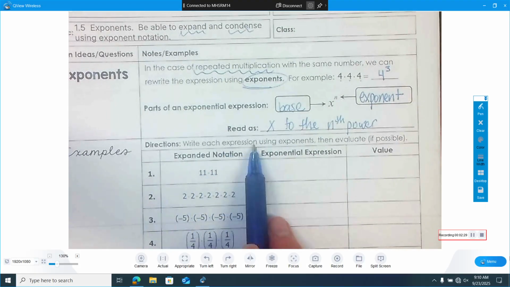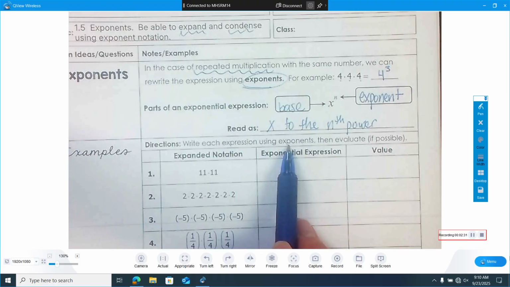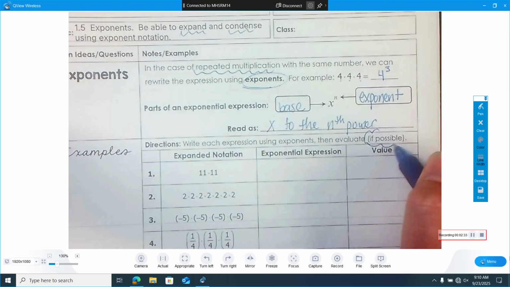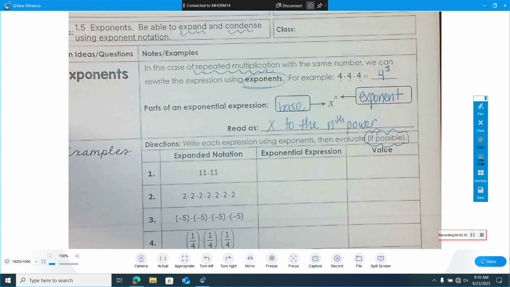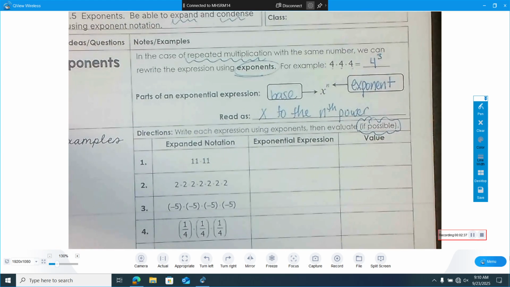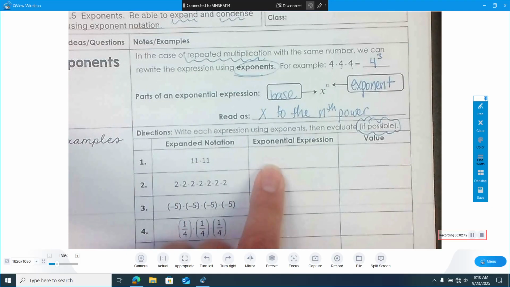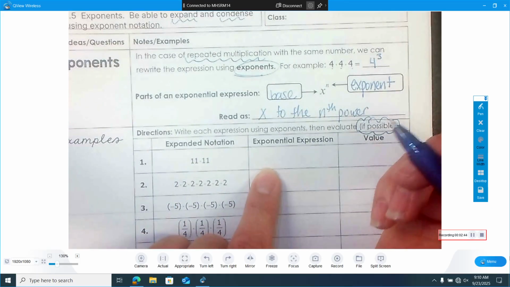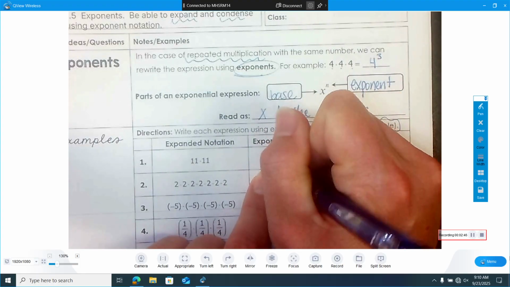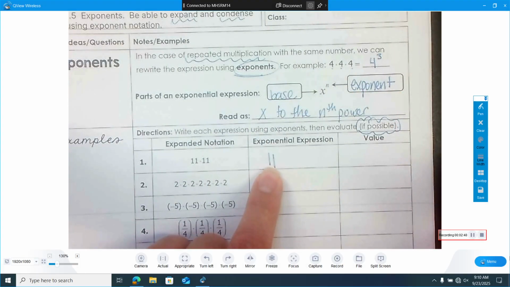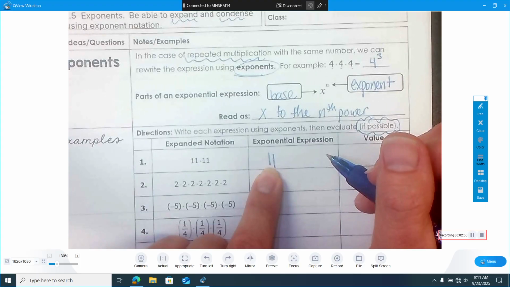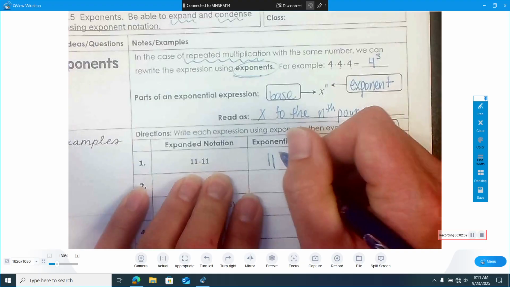So we are going to write each expression using exponents and evaluate, if possible, is the key. Some of them we cannot evaluate. Here it is written out, 11 times 11. How would I write that using exponents? 11 to the second power.